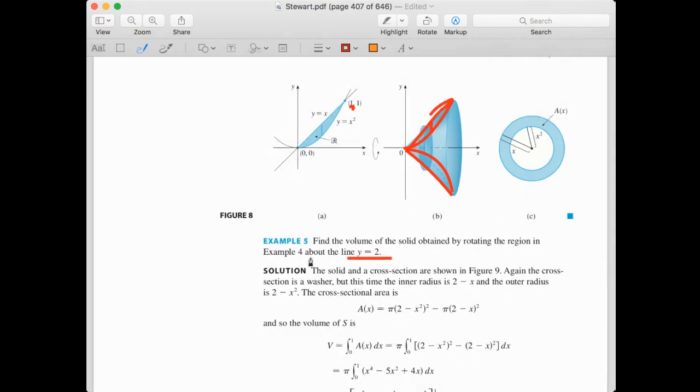All right, let's see this example. Example 5: find the volume of the solid obtained by rotating the region in this picture about the line y equals 2. So this is different now. Let's see a picture.